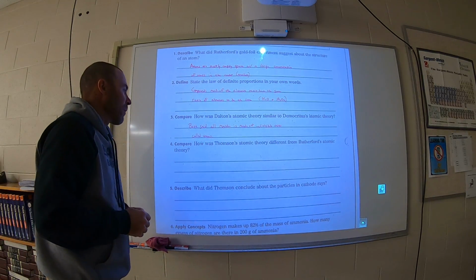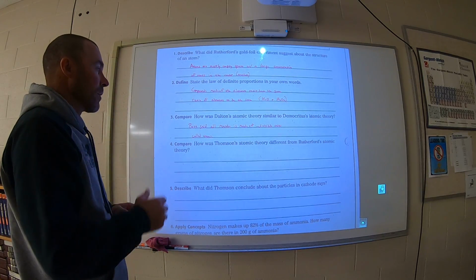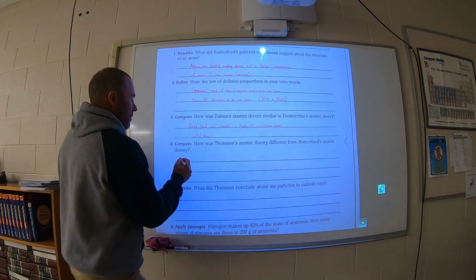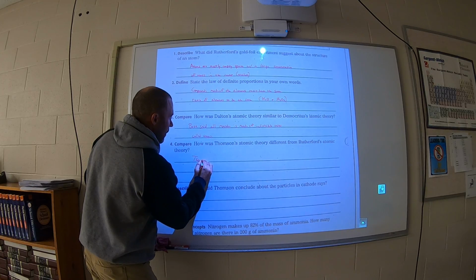Number 4, how is Thomson's atomic theory different from Rutherford's atomic theory? Well, Thomson had the plum pudding model.